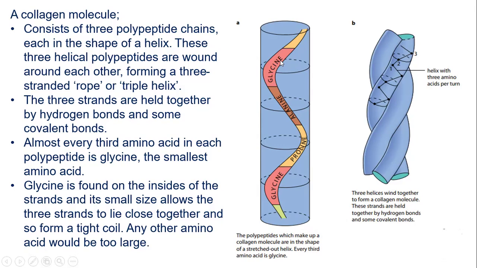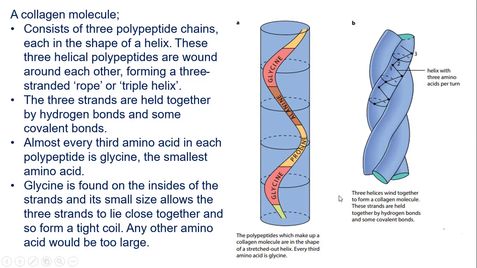And we have also seen that almost every third amino acid is glycine, which is the smallest amino acid. So this small amino acid allows the 3 strands to be so close together so that they can form a tight coil, because any other amino acid would be too large and wouldn't allow that tight coiling to occur between the 3 polypeptide chains. So that is a collagen molecule.